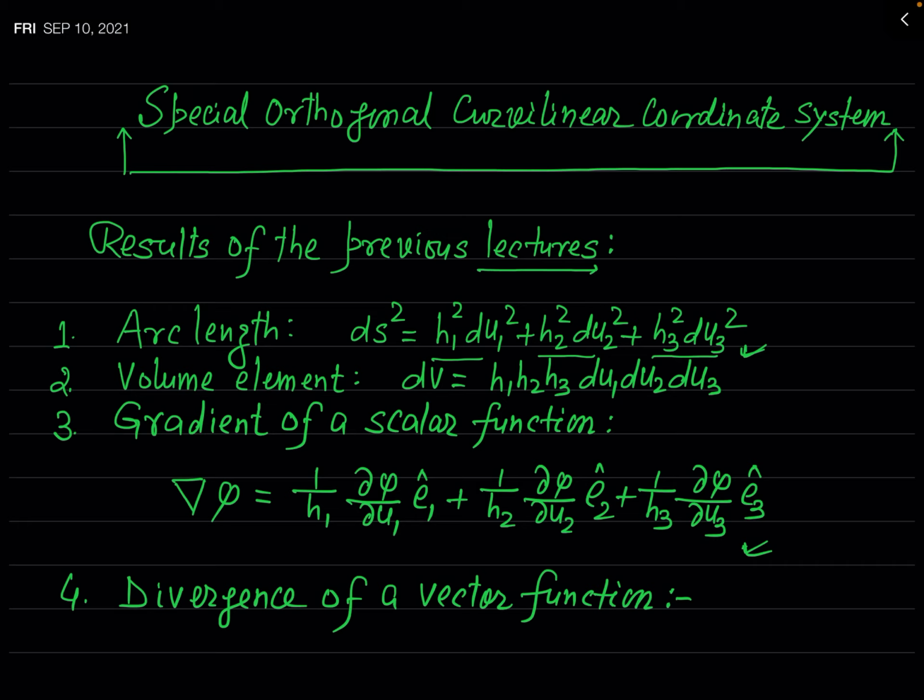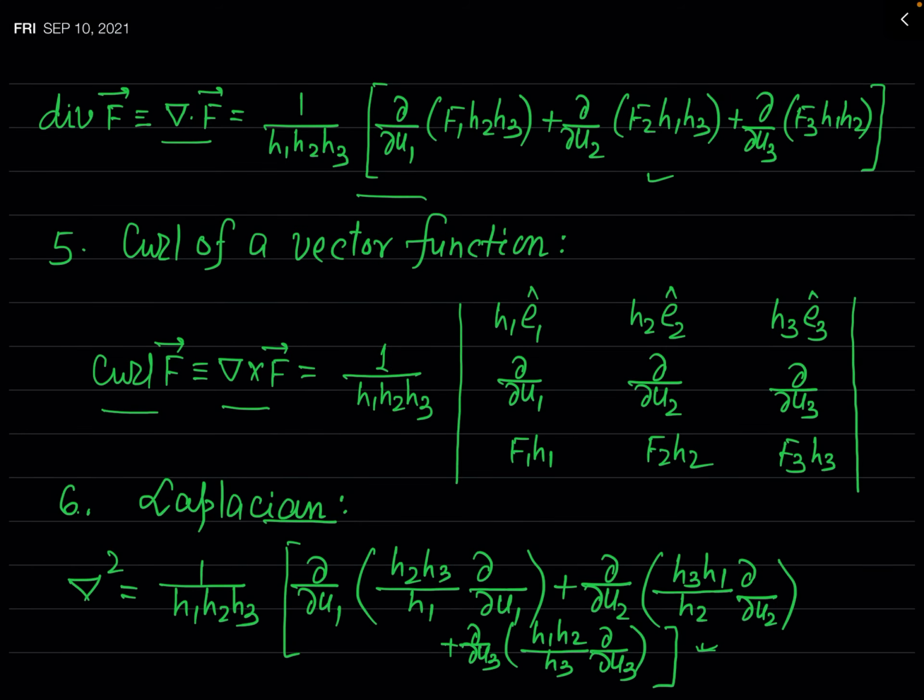You can see I have mentioned all those results: the expression for arc length, volume element, gradient of a scalar function, divergence of a vector function, curl of a vector function, and the expression for the Laplacian in a general orthogonal curvilinear coordinate system. I am not going to read these expressions. You have already studied these things in earlier lectures, and whenever they are needed, I will repeat these expressions in the discussion on the cylindrical coordinate system.